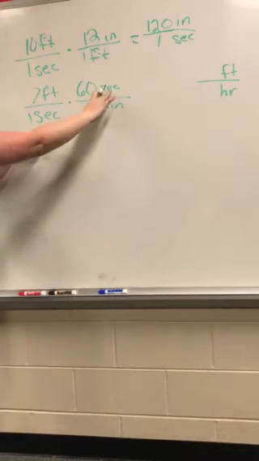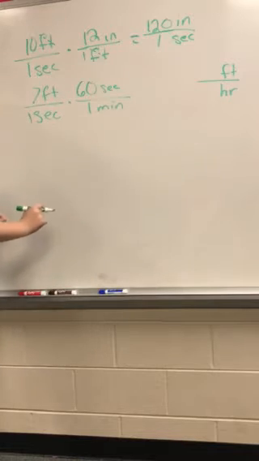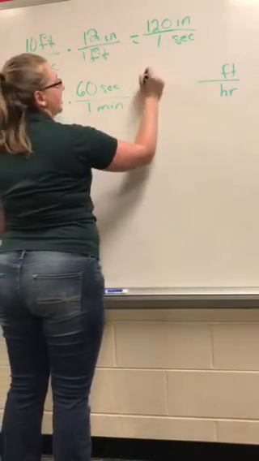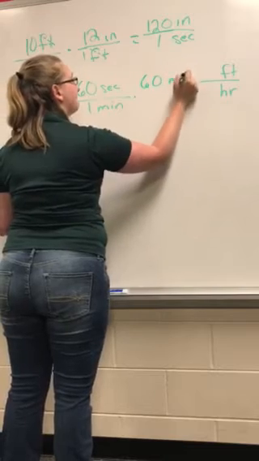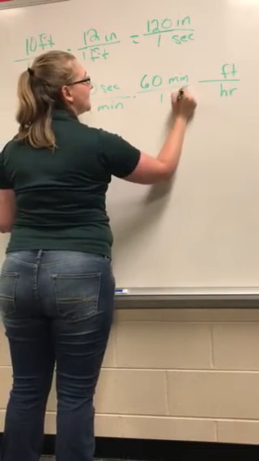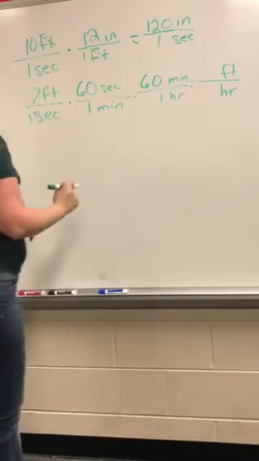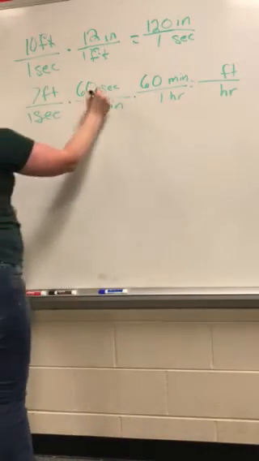Okay? Would my seconds cancel? Yes, we're good to go. Then, I know that there are 60 minutes in 1 hour. I need my minutes to cancel, so minutes is going to have to go on top. And that's going to equal some number of feet per hour. My seconds cancel here.